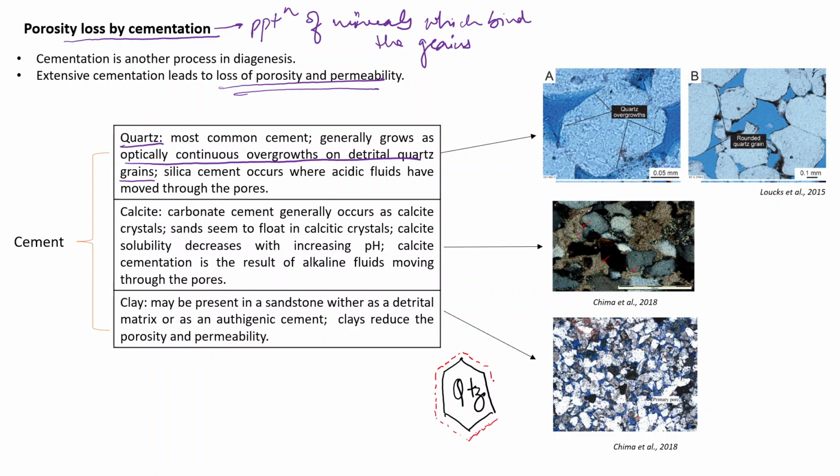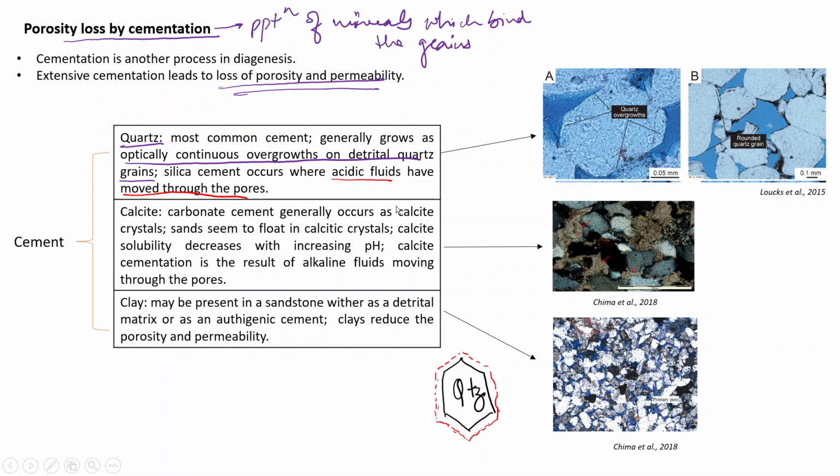It normally grows like this. So under the microscope, you won't be able to judge whether this is the cement or the framework grain, the detrital grain of that sandstone, because it becomes optically continuous with the detrital grains.